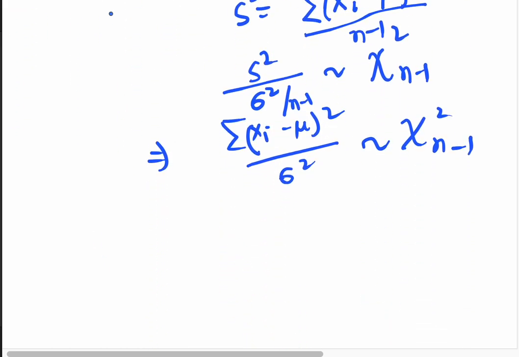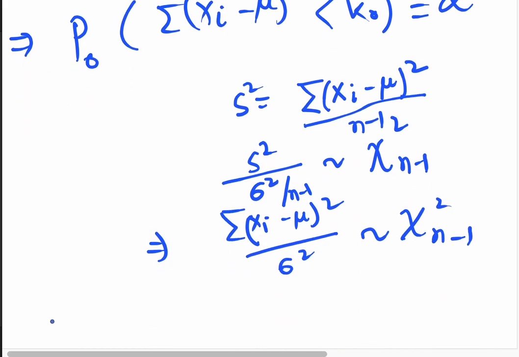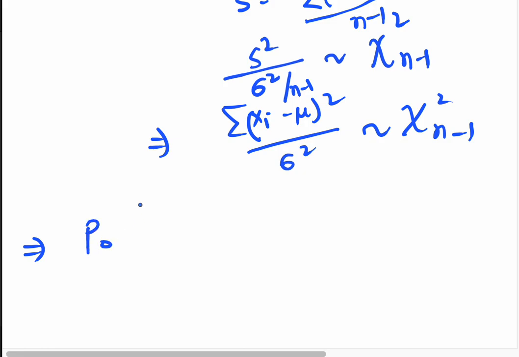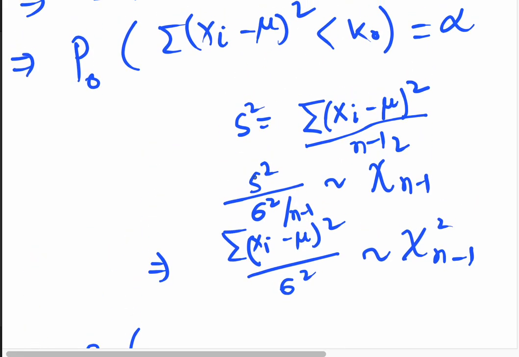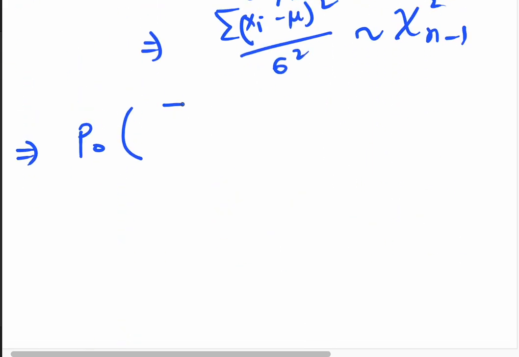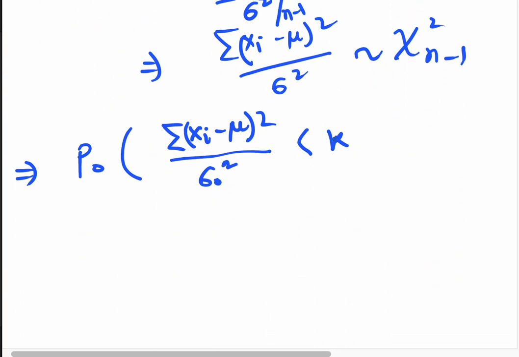So this means under the hypothesis H0, this will be P0. Now if we modify this a little bit by dividing both sides by sigma square, we'll get summation of (xi minus mu) square by sigma 0 square less than some other constant. Suppose that constant is c and the probability is alpha.